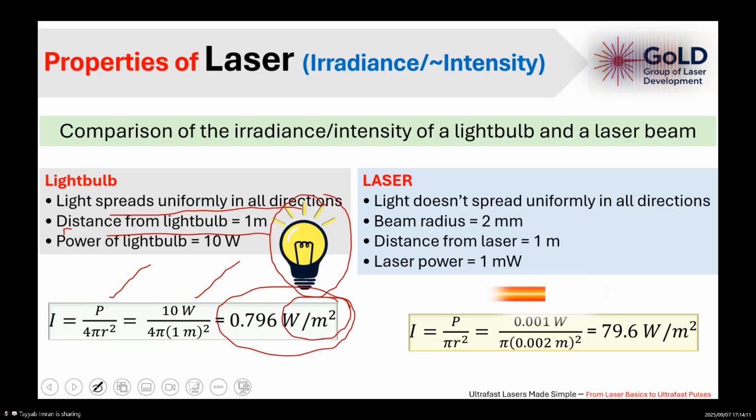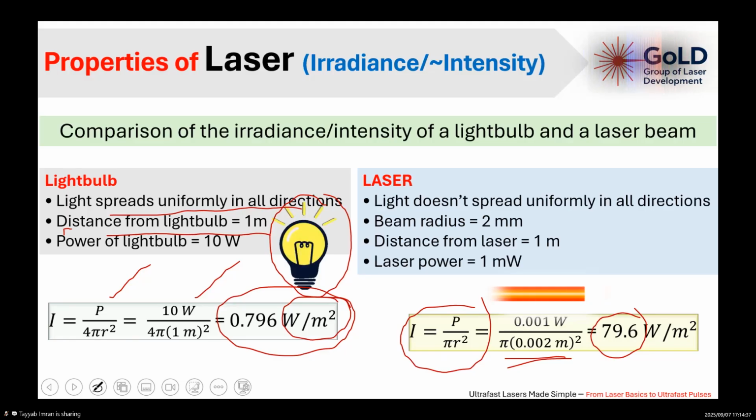In this case, for the laser light, you have 79.6. So there is a clear difference here, and it shows that the laser light is more intense.